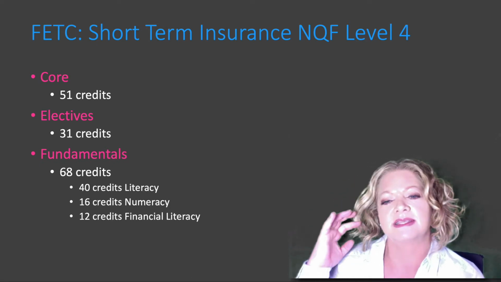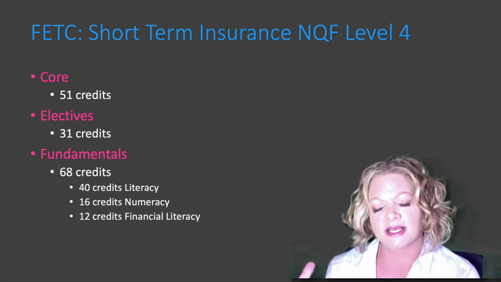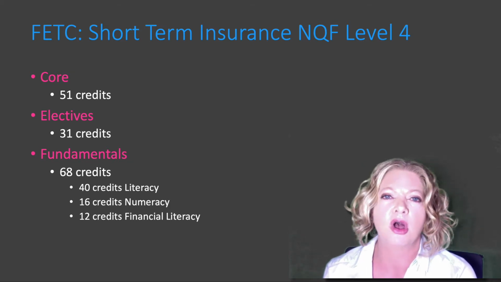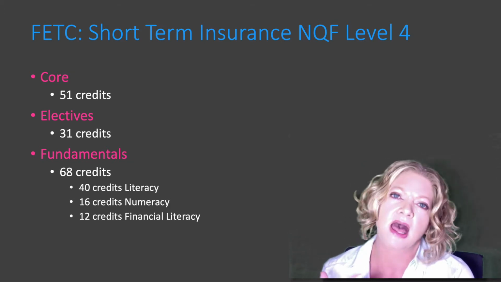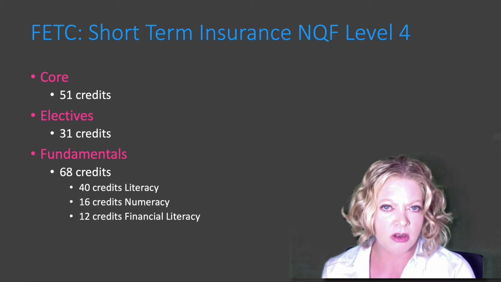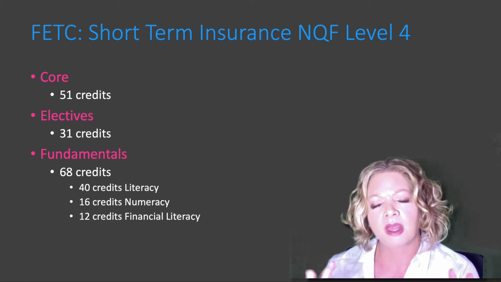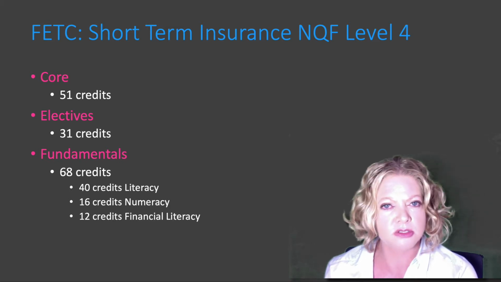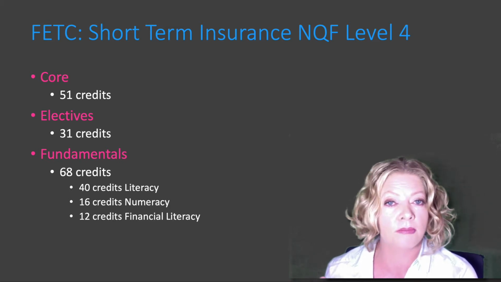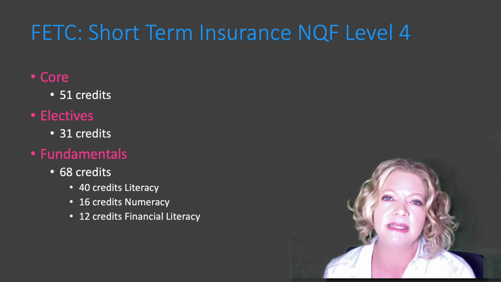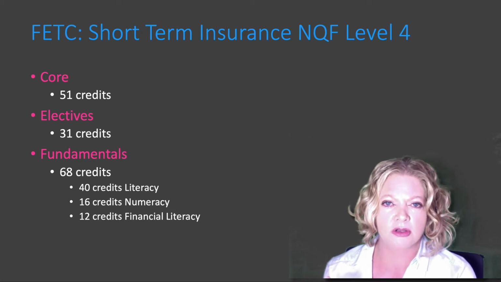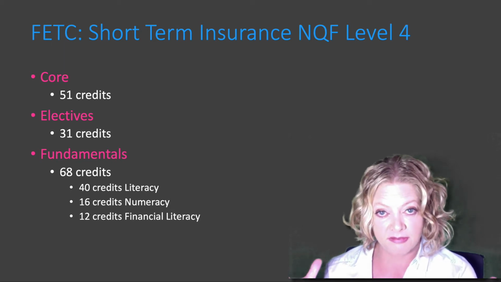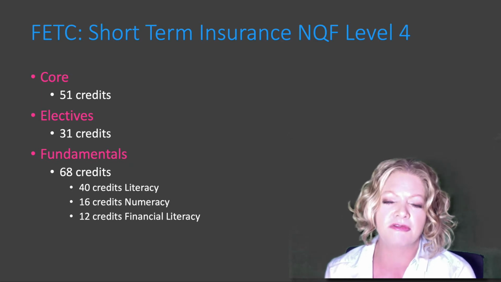And how that works is all qualifications, the SAQA qualifications, consist of a core, electives, and fundamentals. So let me start off with the core. In this qualification, you need to complete all of the core unit standards. All of the core unit standards will be compulsory for you to complete, and they make up a total of 51 credits out of the total of 150.